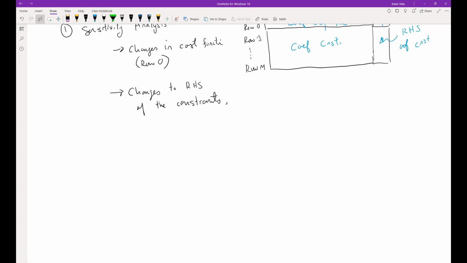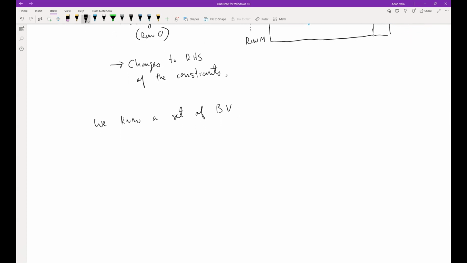So again, just to hammer in this point, we know a set of basic variables is optimal if row 0 only has non-negative coefficients.